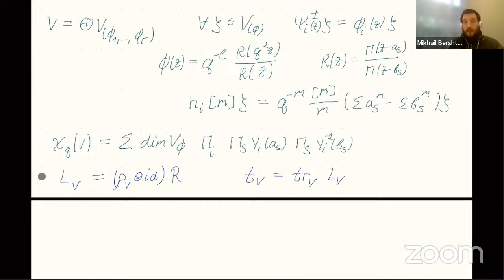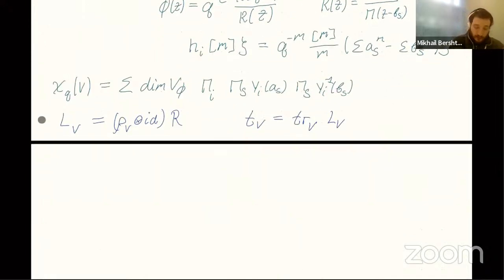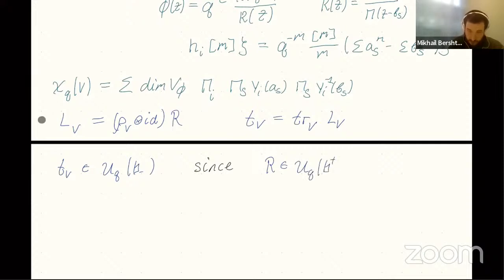I assume that it was not said very clearly, so I will spend some time explaining what it means. This T_V belongs to U_q of b minus. This is because the universal matrix itself belongs to U_q of b plus tensor U_q of b minus.